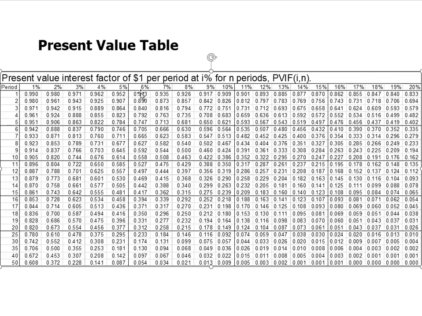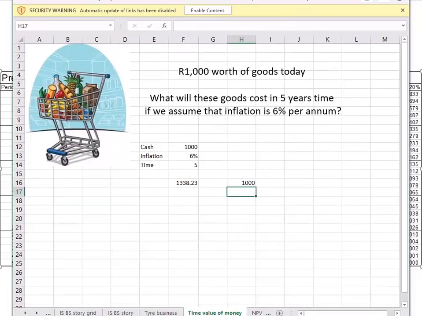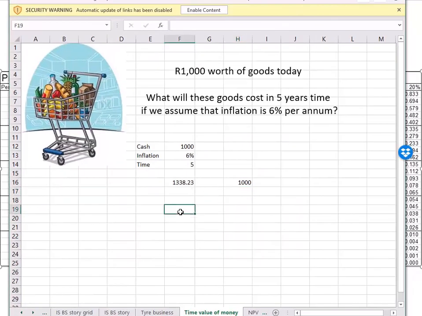if we discount our 1,000 Rand, well, let's say 1,338 Rand, by 6% over 5 years, we would use this percentage here of 0.747. Let's do a quick calculation here.